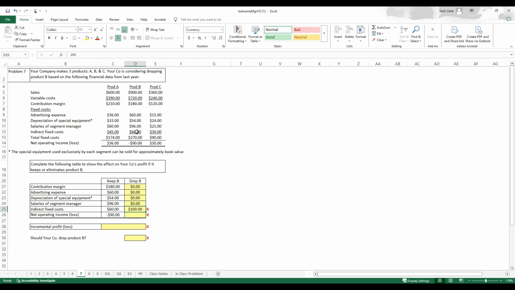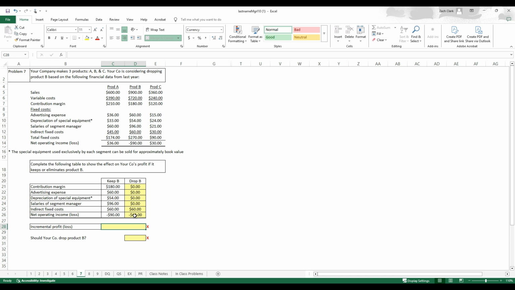So $60 of indirect fixed costs. Those indirect costs are going to be spread around the other products, so it'll decrease the profit from those. So, not much here other than negative 60.